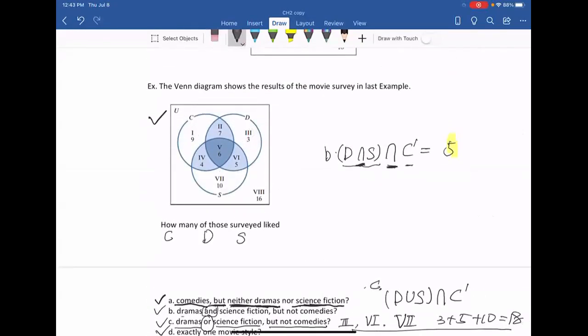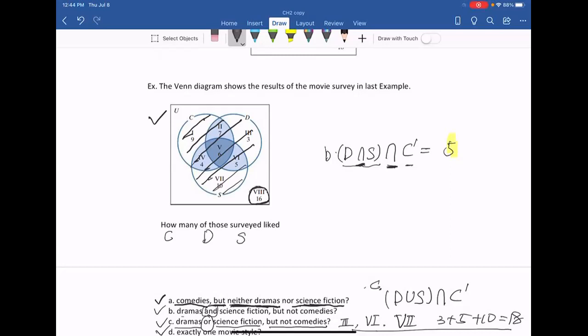In the Venn diagram, if you belong to at least one movie style, that means you are in this region. You can add all of these together, or you can use the universal set minus region 8, because they are complements of each other.